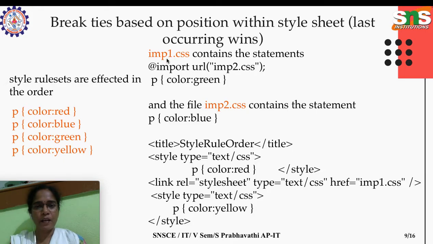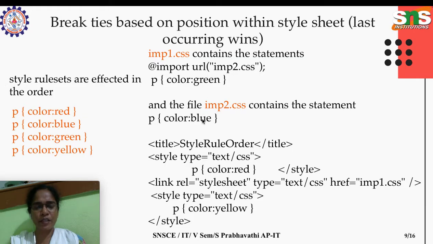Here we have implementation 1 dot css, one CSS file that has these two lines. It is importing the implementation 2 dot css file. It has its own p element whose color is green, and inside implementation 2, that paragraph has color blue.